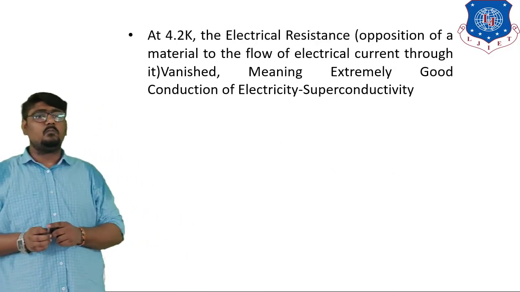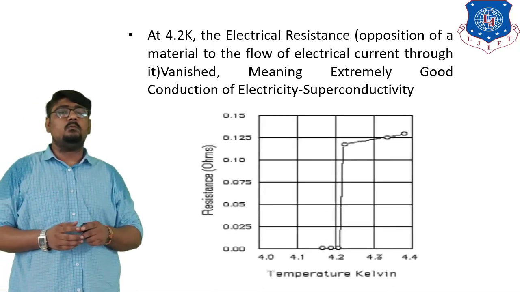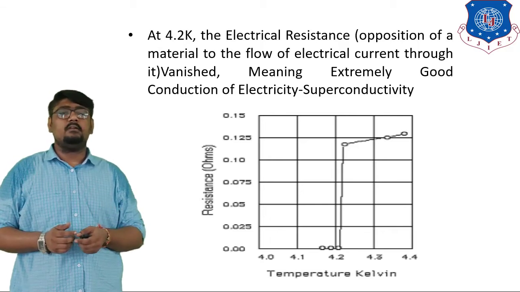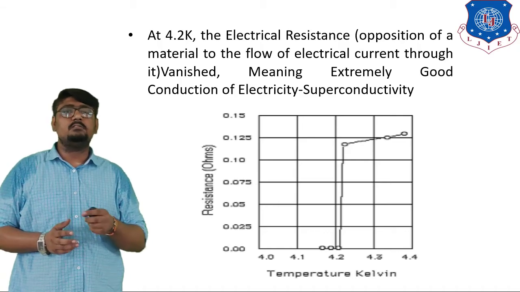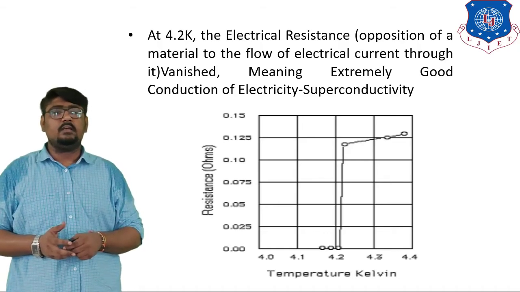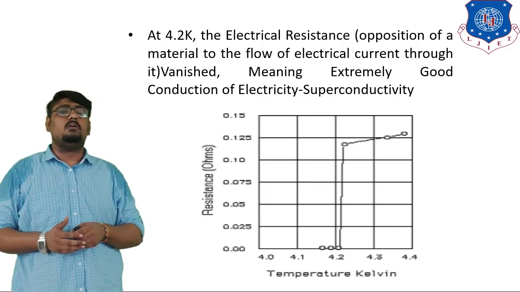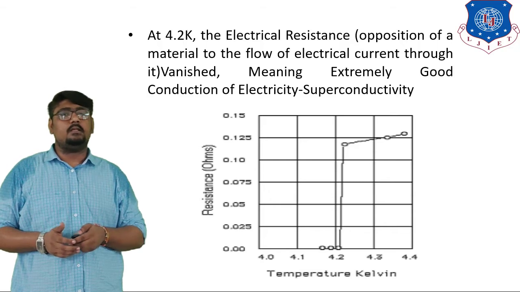As you can see in the graph, at 4.2 Kelvin the electrical resistance, that is the opposition of a material to the flow of electric current through it, vanished. It means the material offers zero resistance, which gives an extremely good conductor of electricity, known as superconductivity.